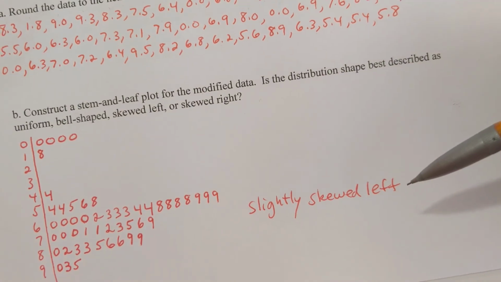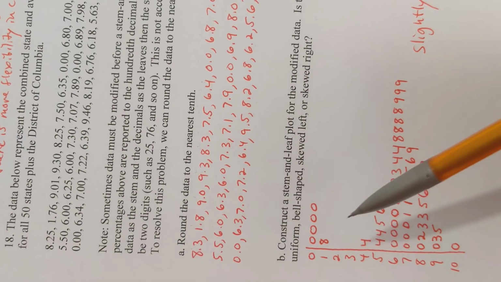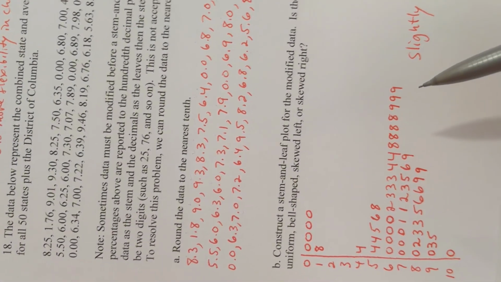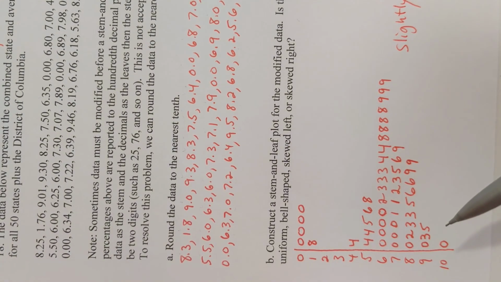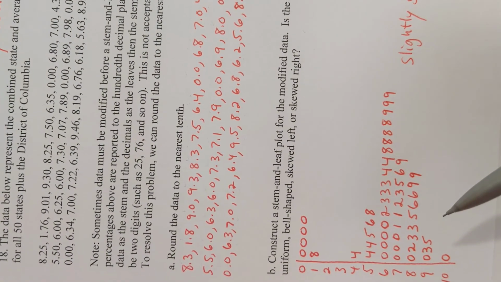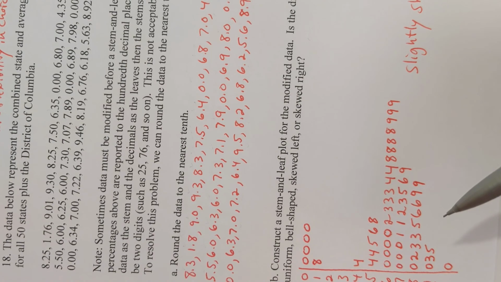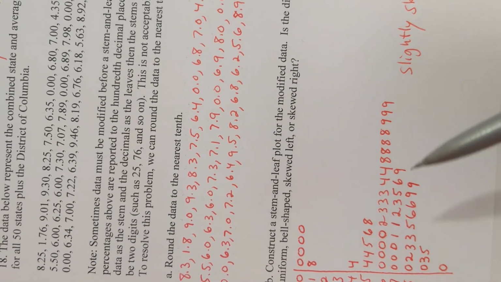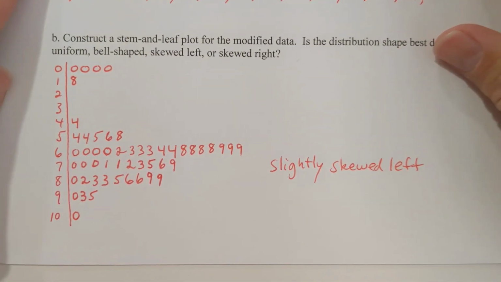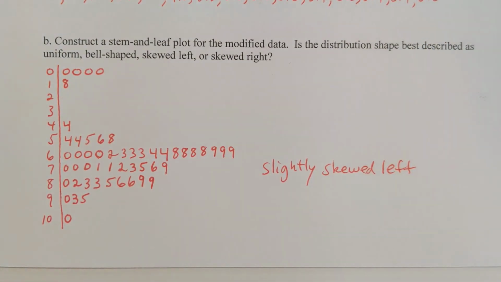So I would call this slightly skewed to the left, because the left tail appears to be a little bit longer than the right tail. I could also see an argument for calling it bell-shaped, but skewed to the left or bell-shaped are the only two classifications that I would agree with.